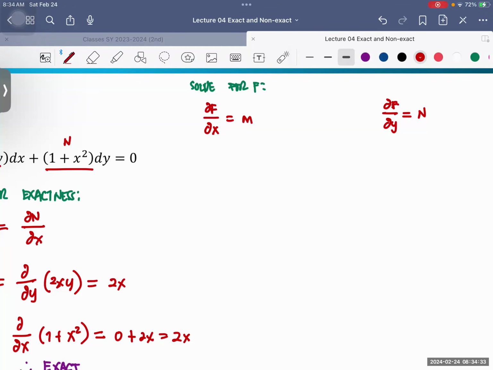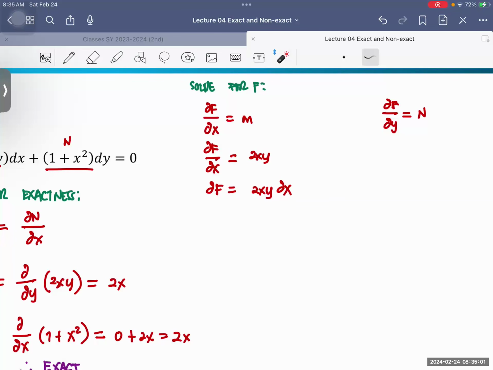Okay, so we have, let's start with this m, class. So that is 2xy. Okay, this will become, we separate it, class. Now, don't worry that you have a y there. Because the y is a constant.